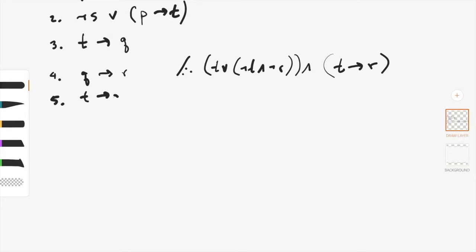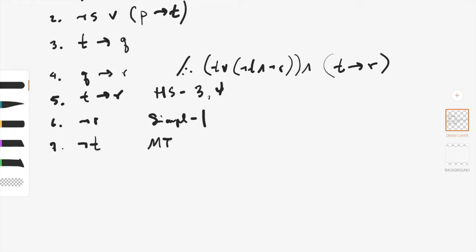On line 5, we'll start by deriving T implies R by hypothetical syllogism applied to lines 3 and 4. Notice we're following the schema of hypothetical syllogism. On line 6, we will derive not R from line 1 by simplification. Once we have that, we can derive not T by modus tollens applied to lines 5 and 6.